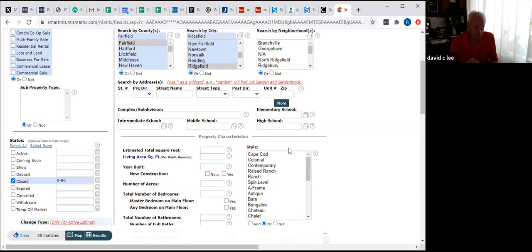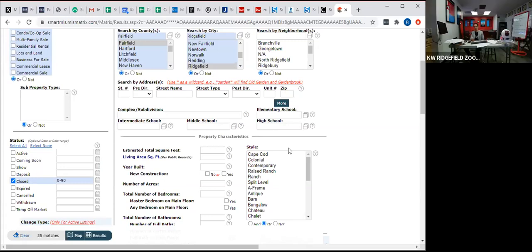So 11.7 is your absorption rate. Now we have to figure out how much we have on the market. We have 19 properties on the market. So 19 divided by 11.7 is going to be about 1.6 months supply of inventory.